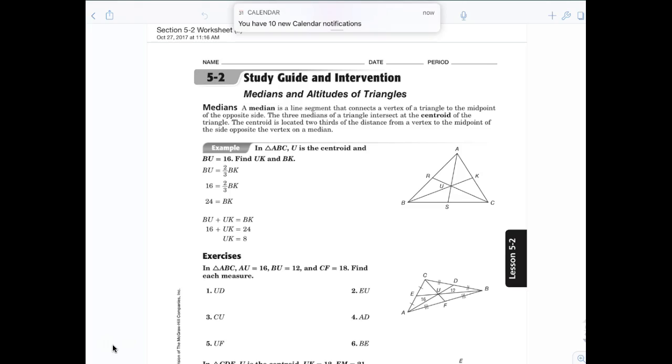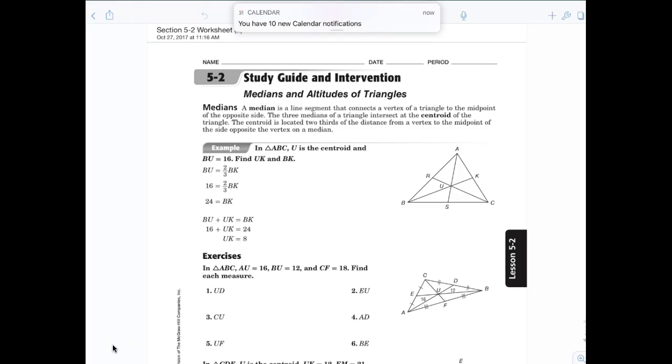All right. Now, last Friday we did the in-center and the circumcenter. Just a brief review: the circumcenter is formed by the perpendicular bisectors.